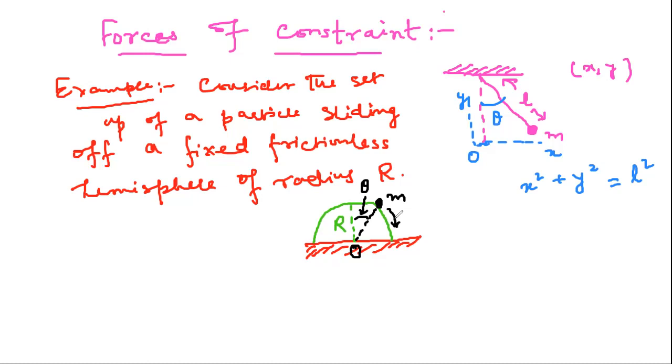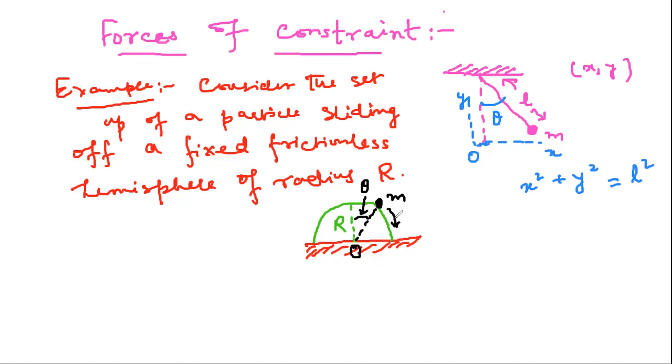Now we are interested in first finding the equations of motion. So we will use two ways. First, we will find the equations of motion for this particle which is sliding off this fixed frictionless hemisphere of radius capital R, and we will not bother to find the force of constraint. Then in second case, we will find the force of constraint, right?